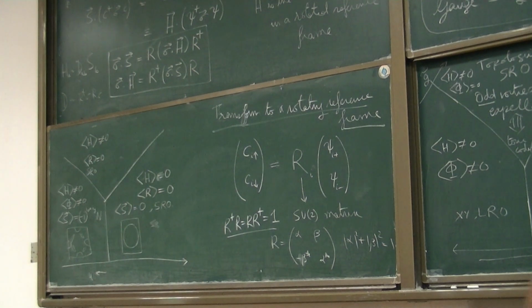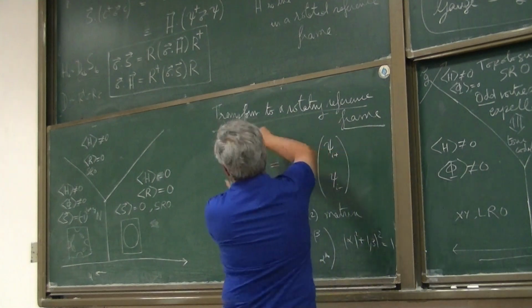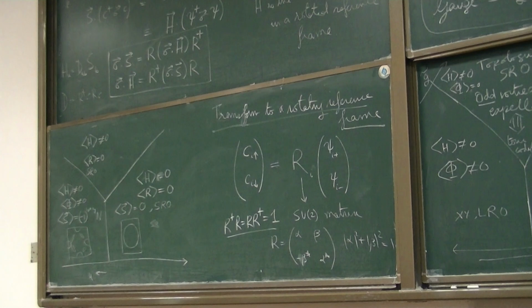Okay, so all I do is I substitute what's here. I make this substitution and that substitution into the Lagrangian. So what will I get? I'll get something like C dagger is psi dagger, R dagger, d by dt, of R psi, and then I get minus Tij. These are complicated things.